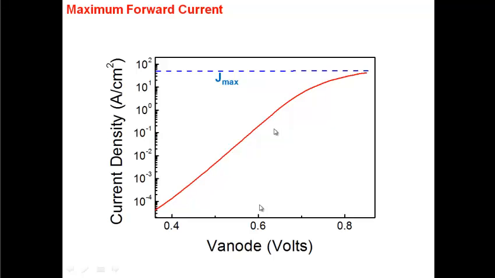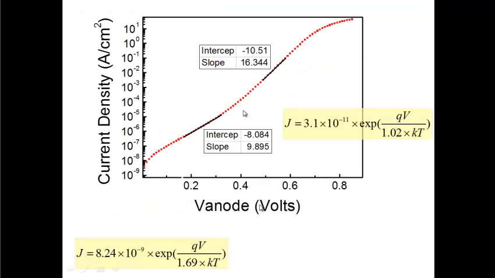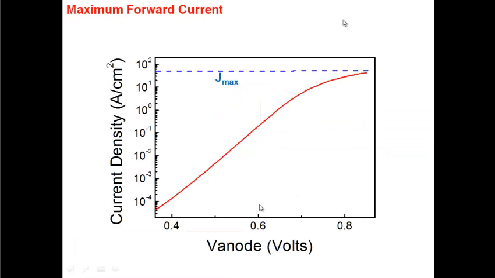Now we've seen the recombination component, so for the time being, let's focus on this part here. If I look at it, the current increases almost like an ideal diode equation. But as I go to higher and higher biases, you start seeing this curving. Therefore, a PN junction has a maximum current limit.